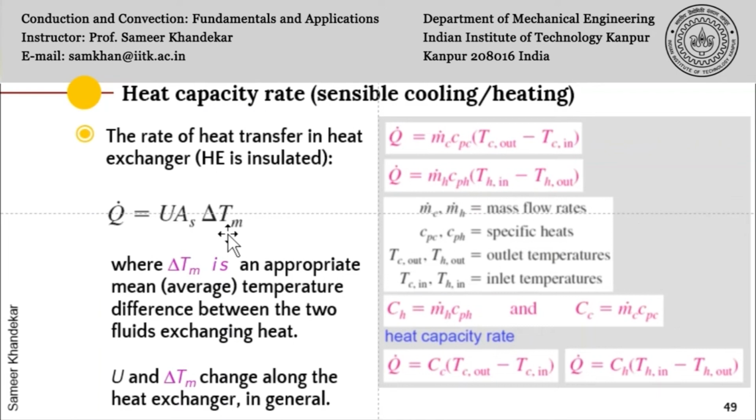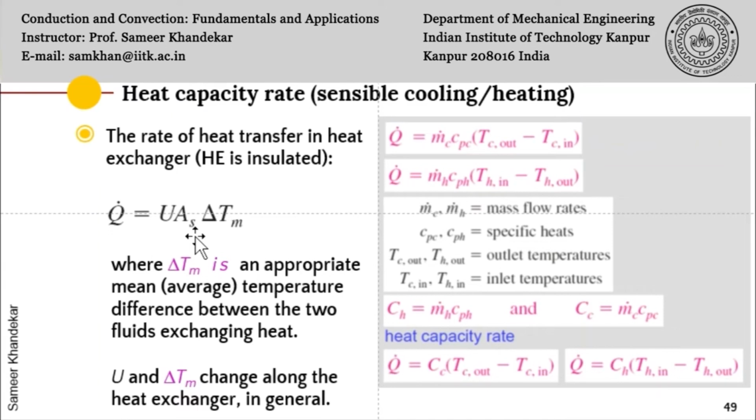Under certain circumstances, the mean temperature may not change, which we will see soon. In general, U, the heat transfer coefficient, and delta Tm change along the heat exchanger. Of course, the area of heat exchange A_s remains constant once the heat exchanger is designed or chosen.